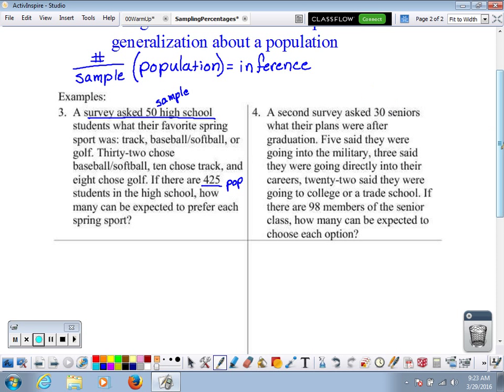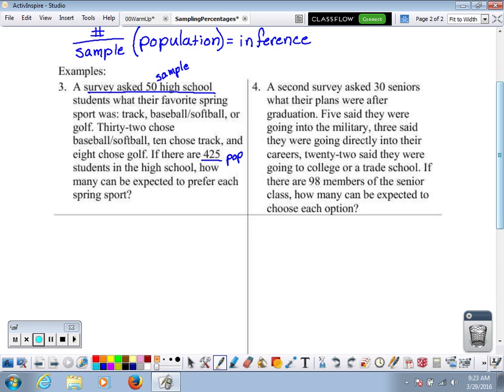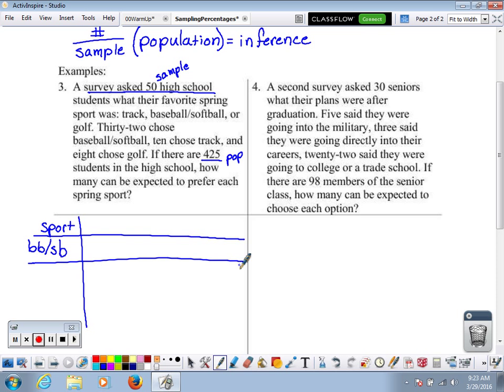So, we've got another survey with some options. We can set up another table, and that table will have a row for each sport. So the sports we have are baseball, softball, track and field, and golf.